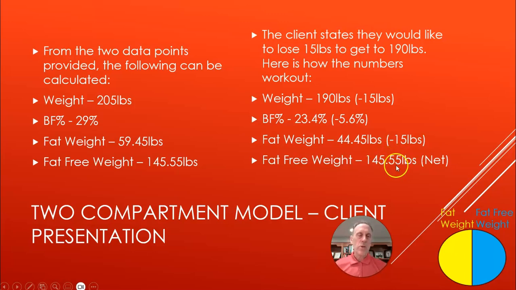But just for the sake of showing your client, your fat-free weight stays the same. Well, if you lose 15 pounds here and your fat-free weight stays the same, you'll end up dropping from 59.45 down to 44.45. You're going to lose your 15 pounds here, which means your body fat percent goes from 29 to 23. It's something you can show mathematically to your client to get them to understand and wrap themselves around what that looks like and what that'll feel like.